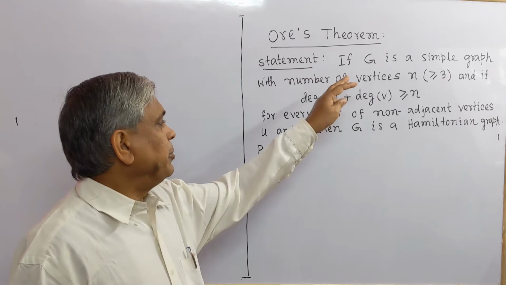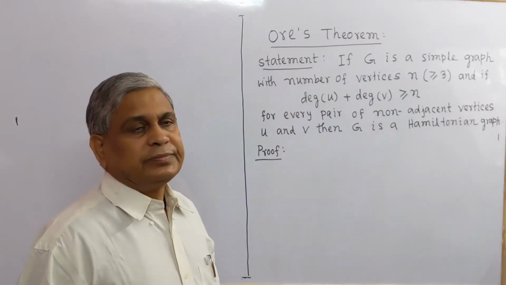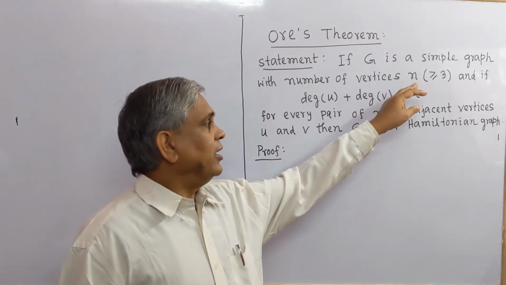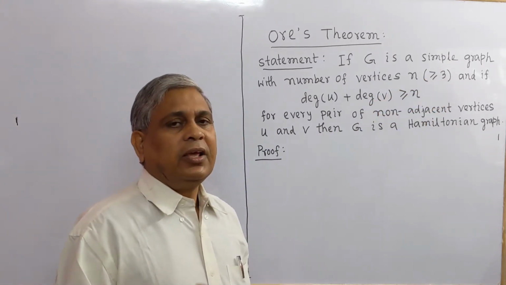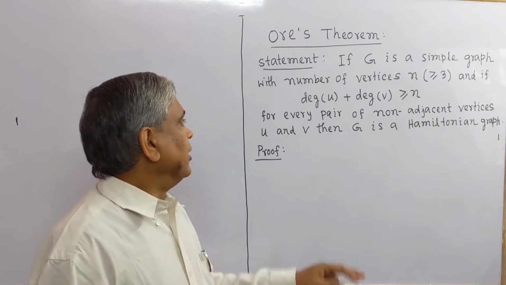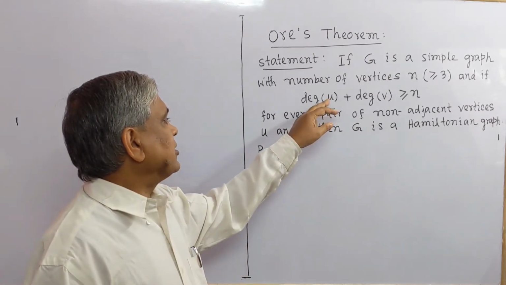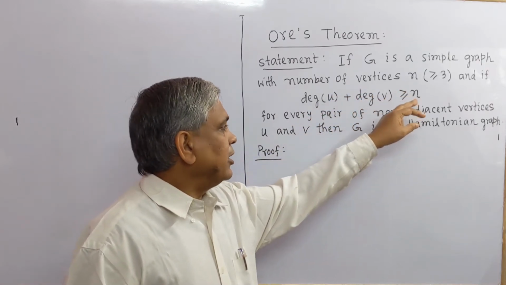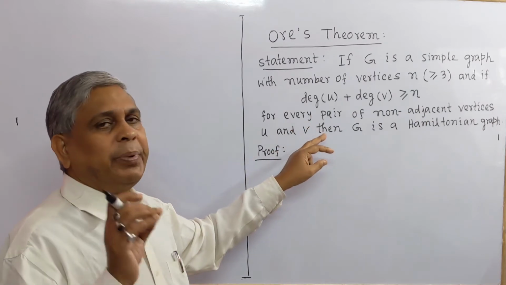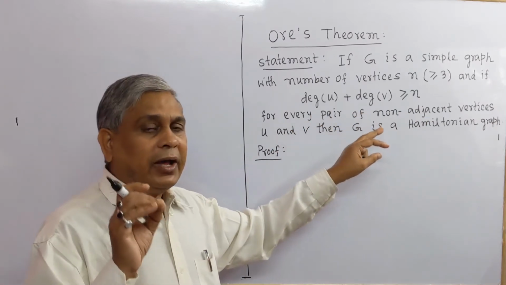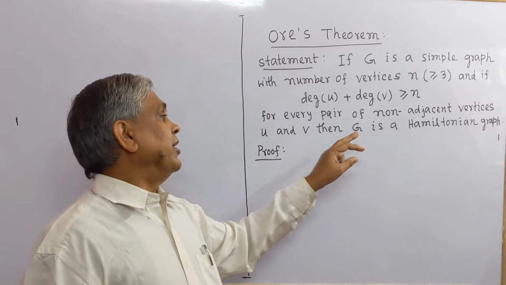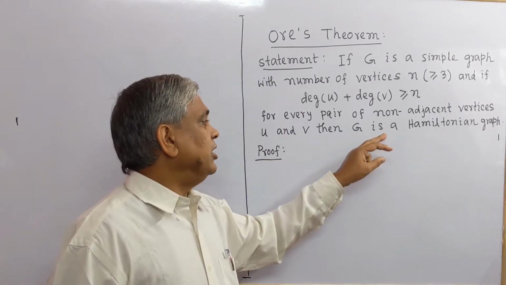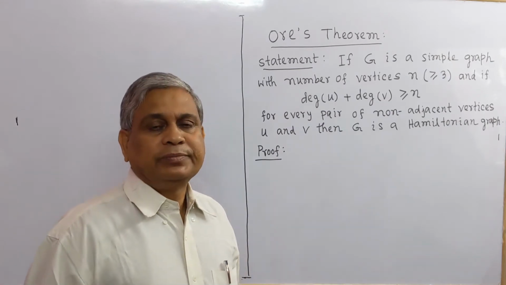Statement: If G is a simple graph with number of vertices n greater than or equal to 3, and if the degree of vertex u plus the degree of vertex v is greater than or equal to n for every pair of non-adjacent vertices u and v, then G is a Hamiltonian graph.